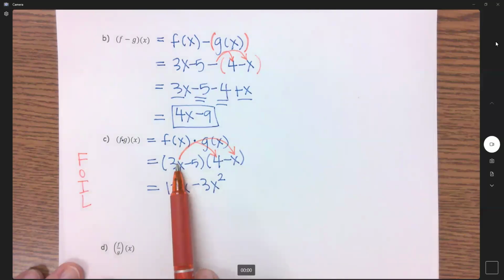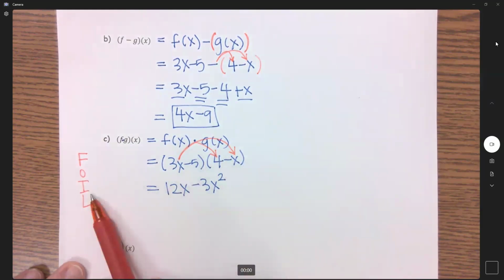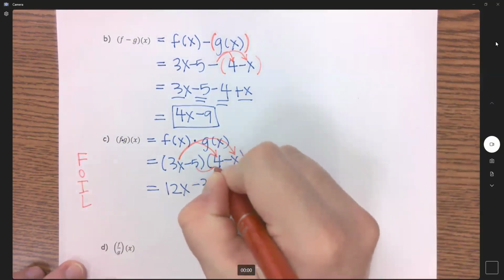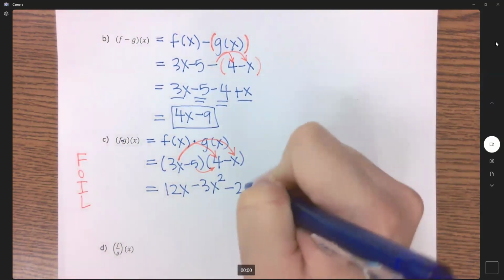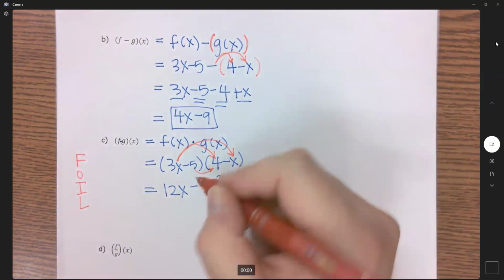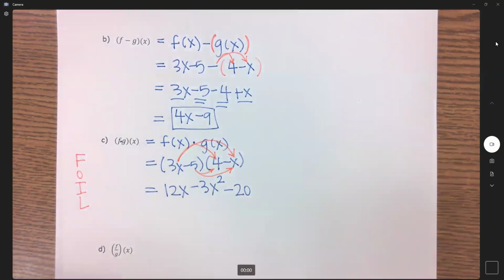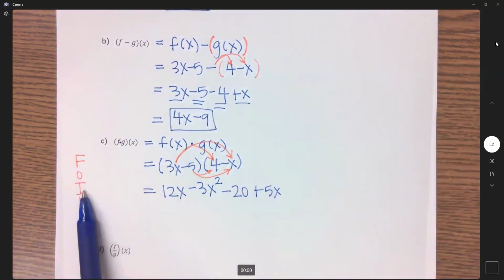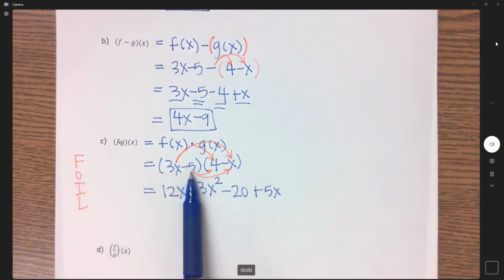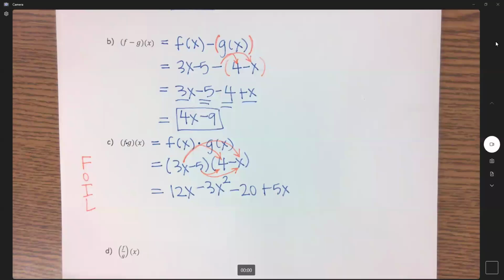So when I do my first and outer, that's distributing this 3x to both terms in the second binomial. My inner terms give me a negative 20. And then my last terms, negative 5 times negative x, give me a positive 5x. So in inner and last, I'm taking that second term and distributing it to both of those.